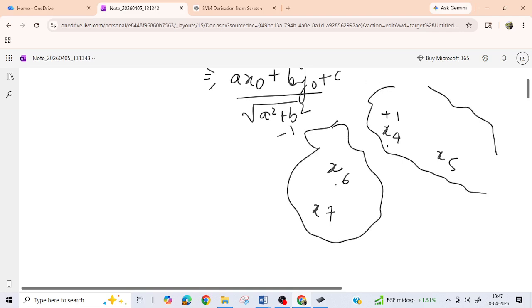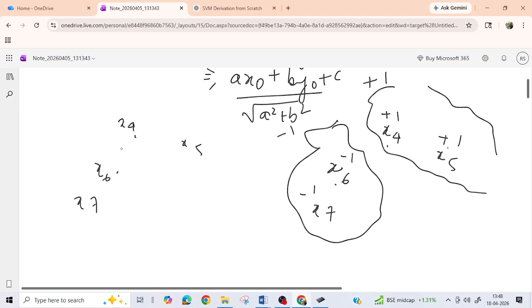So x4 is +1, x5 is +1, x6 is -1, x7 is -1. Again I'll redraw this. If you look into this, x4, x5, x6, x7, these points are nothing but the support vectors because they lie at the boundary of the classification.